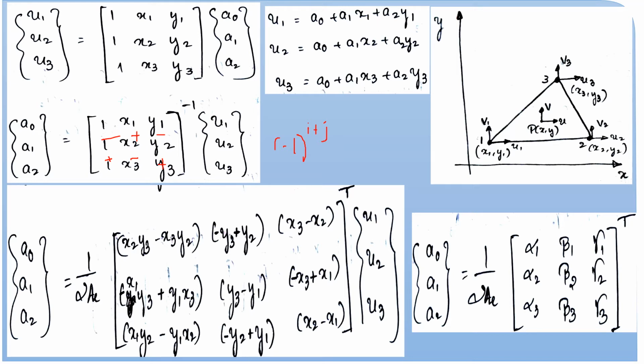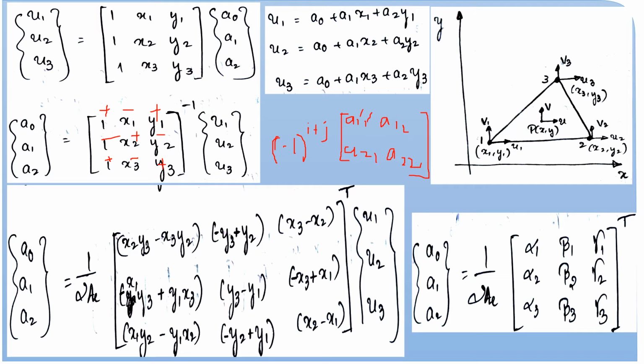Let me write once again. This is plus, this is minus, so this is plus. If you have a matrix a11, a12, a21 and a22, this plus minus plus comes from minus 1 raised to i plus j. This is the i value and this is the j value.